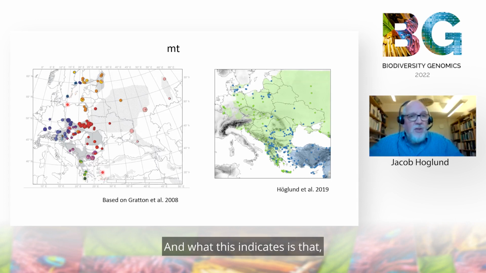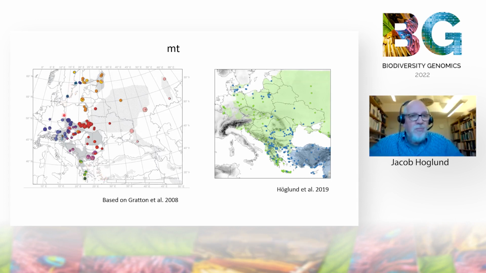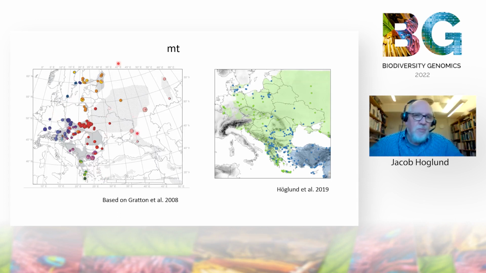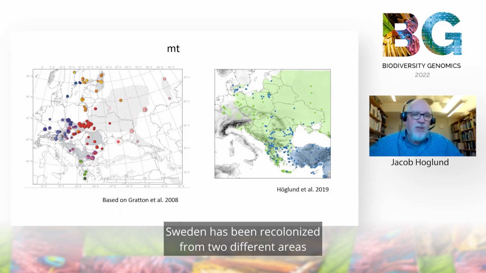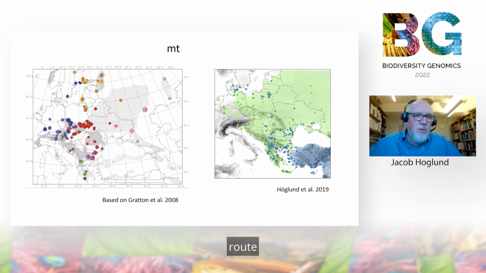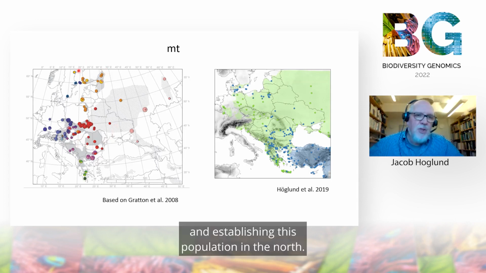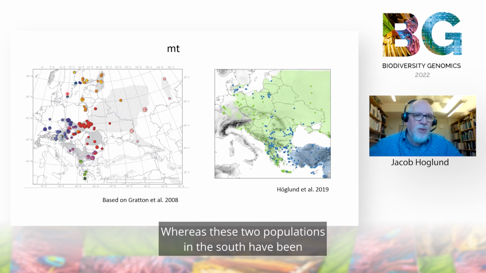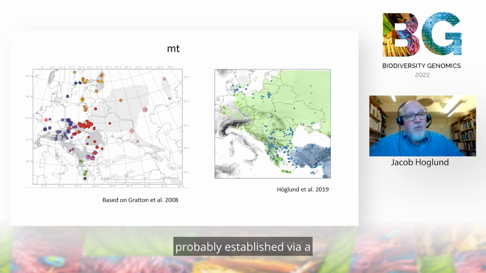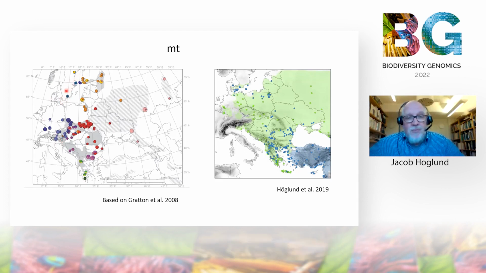What this indicates is that since the last glaciation, Sweden has been recolonized from two different directions. One route was from the east, establishing this population in the north, whereas these two populations in the south were probably established via a colonization route from the southwest.